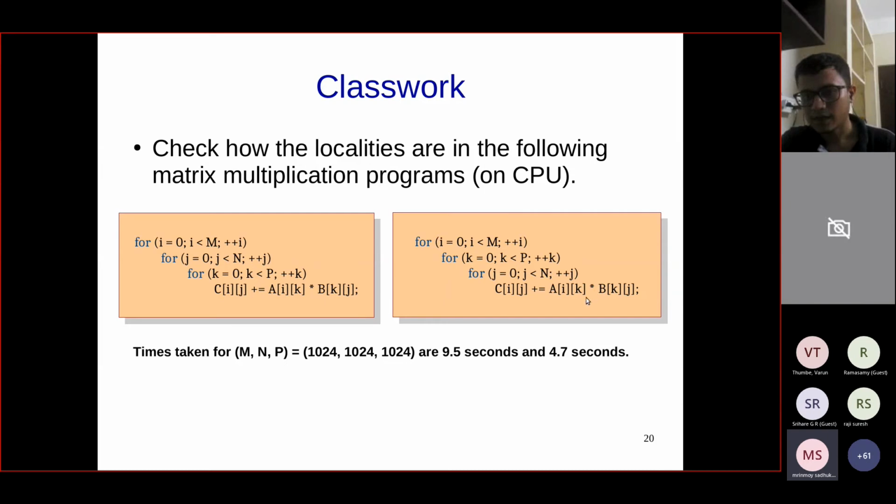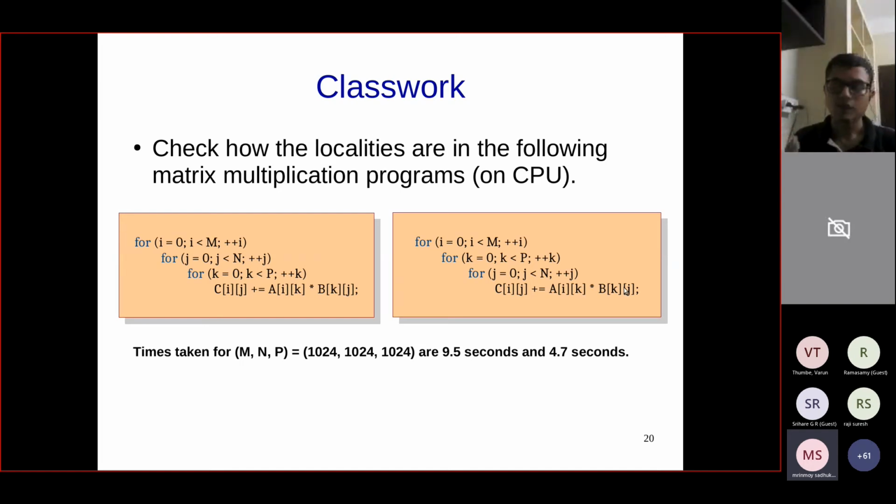Then this A index, I, K, is also row major order, because I is slow changing and K is fast changing, so 0, 0, 0, 1 in that manner will move along rows. And B is also row major order, because K is the slow moving variable and J is the fast moving variable. So here all three, A, B, and C, are accessed in row major order.